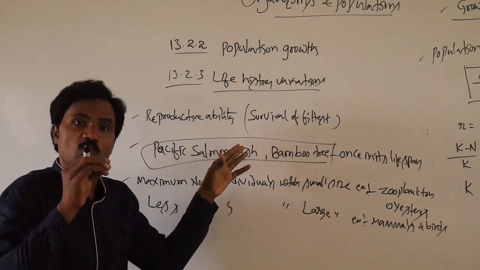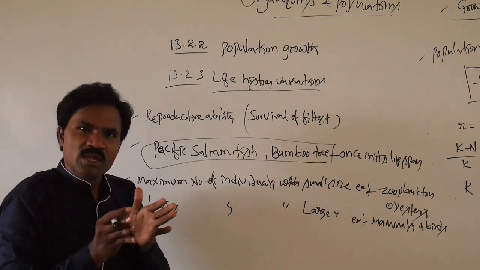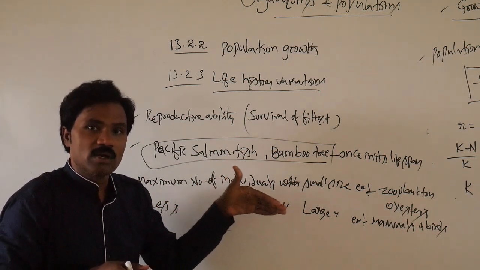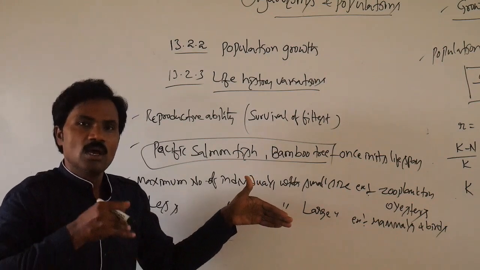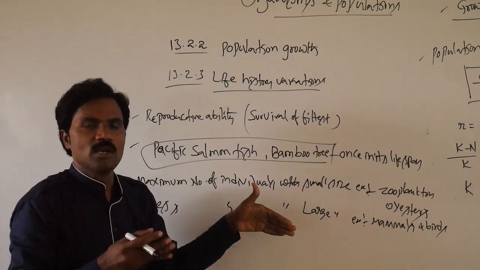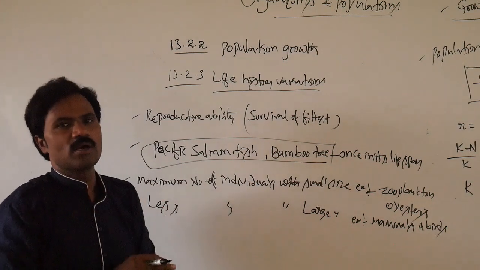Some organisms reproduce only once in their lifespan. Some organisms produce large size with fewer numbers. That is important. Which organisms reproduce large individuals in fewer numbers, and similarly small individuals in maximum numbers?